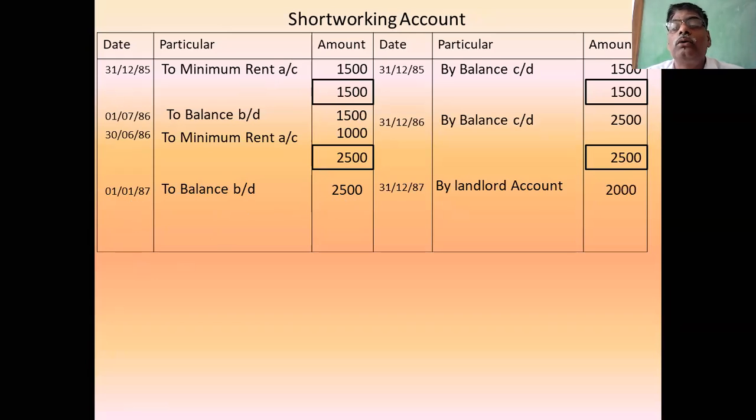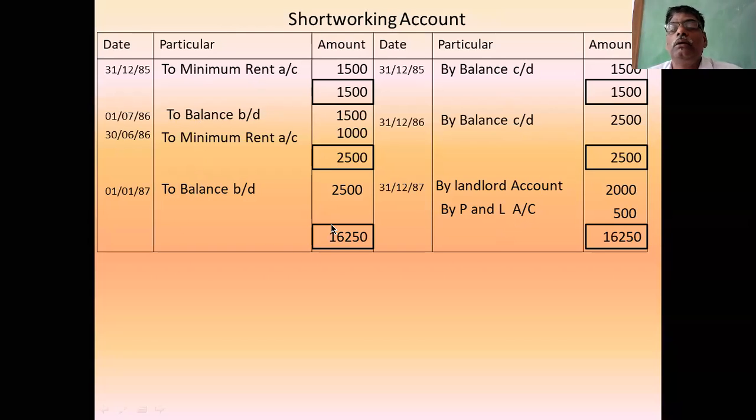By landlord account 2,000, by P&L account 500. Credit side items are the same, there is no change. Only change is in the debit side. Instead of landlord name, on the debit side, you write the minimum rent. Close the account. Total is 2,500.